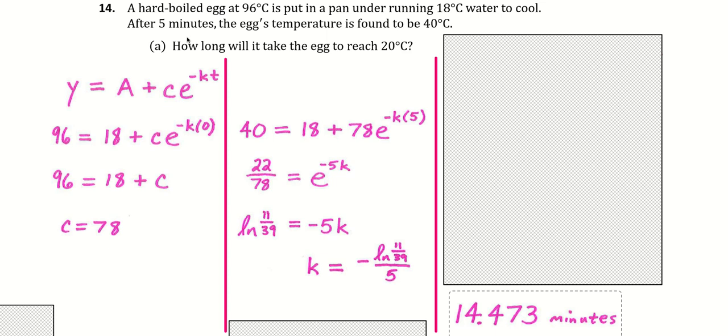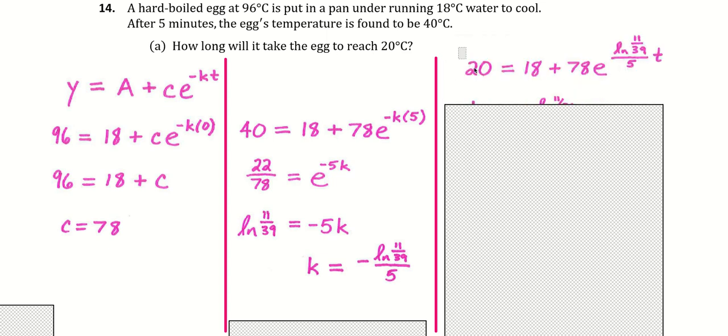We've got to figure out T for the egg to reach 20 degrees. So we plug in 20 right there. Notice how I was able to just cancel the negatives because there's a negative baked into the formula and this negative in for K, there'll be no more negative for me to need to write.